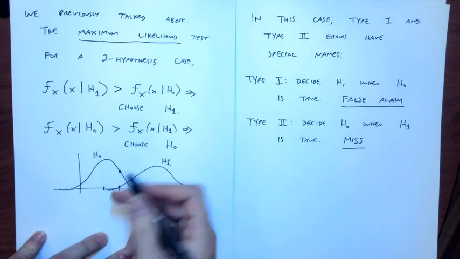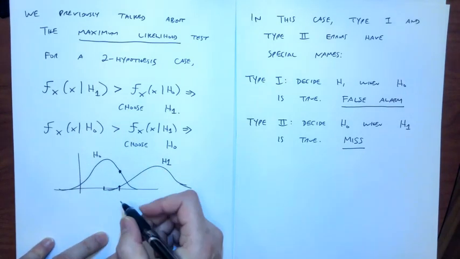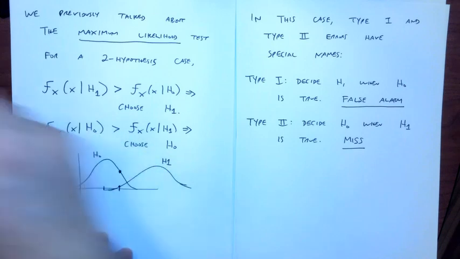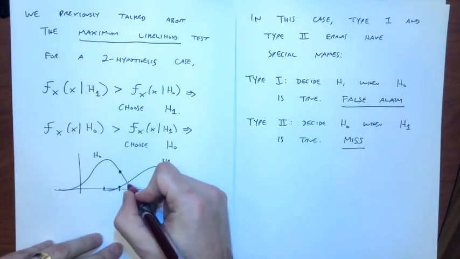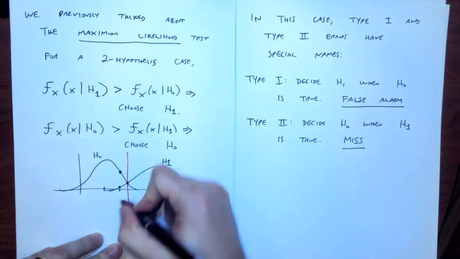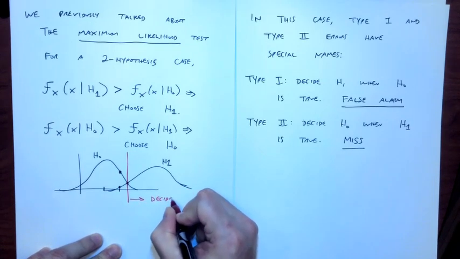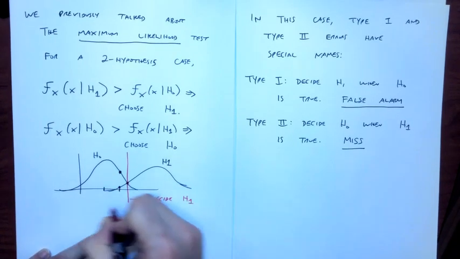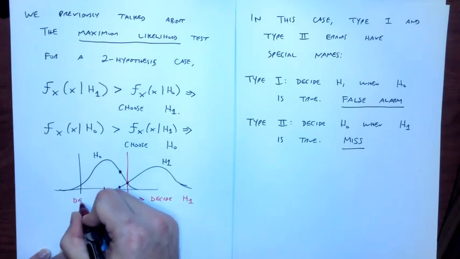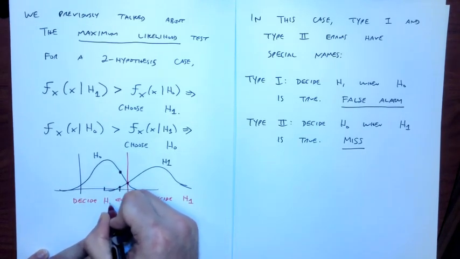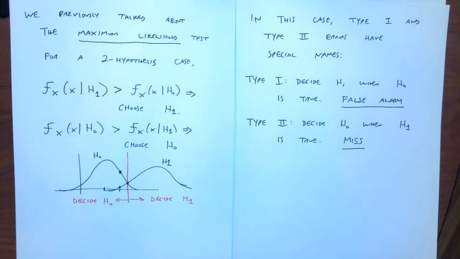I take whichever one is bigger, and I choose that hypothesis, right? So you can see there's a crossover point here where they're equal, and on this side I would decide h1, and on this side I would decide h0. Okay? Whichever hypothesis has the bigger PDF.